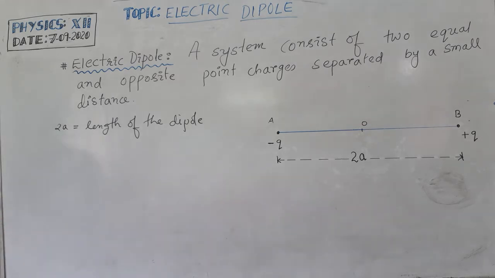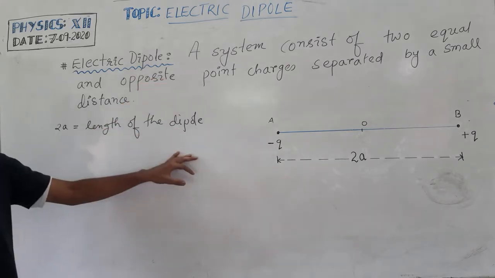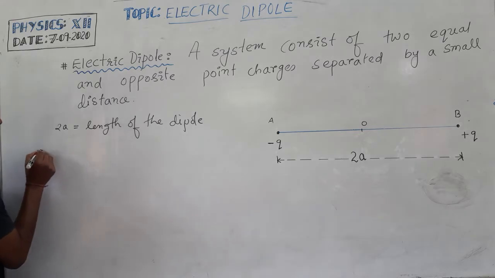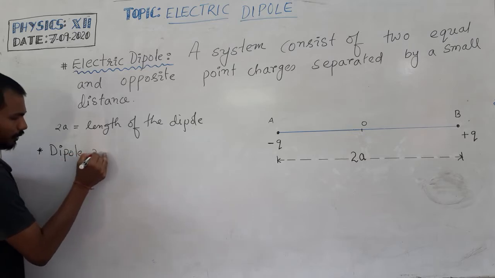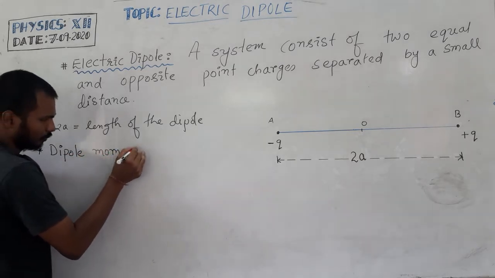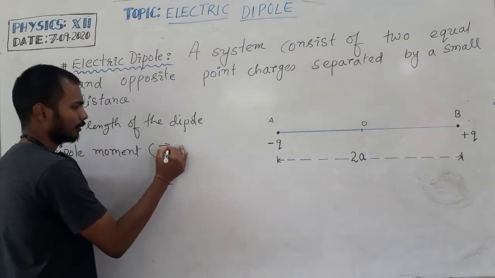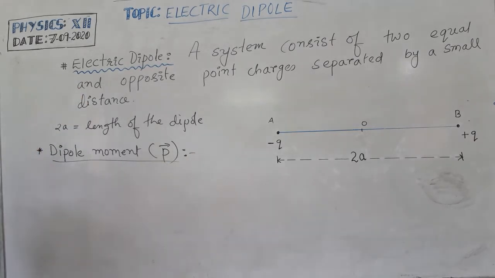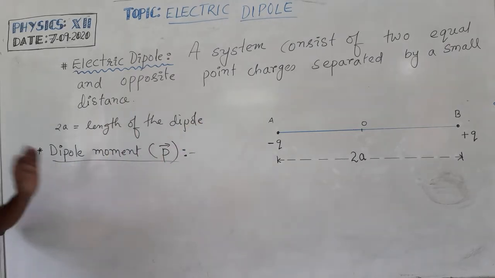Now we have to study some parameters or terms in an electric dipole, that is, the dipole moment. The dipole moment is represented by a small p vector. The dipole moment gives the strength of the dipole.